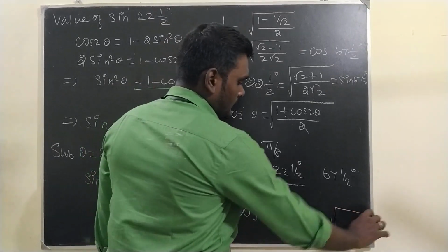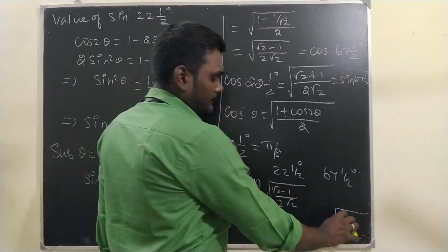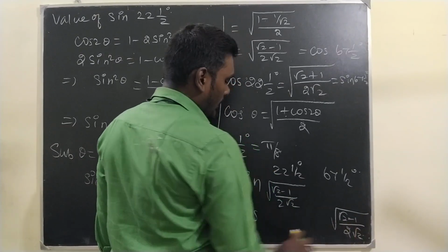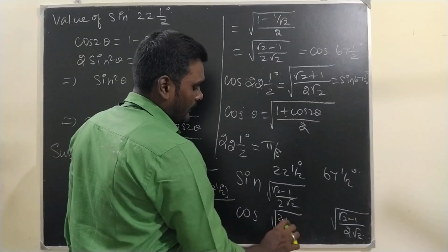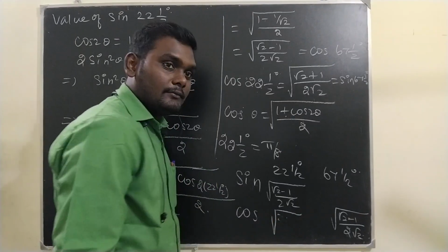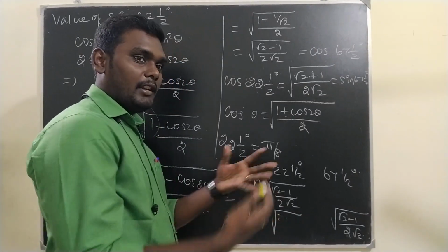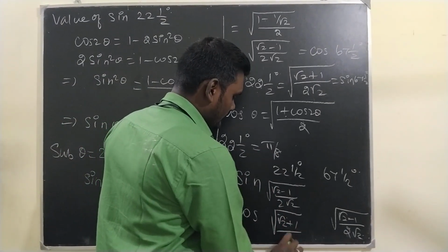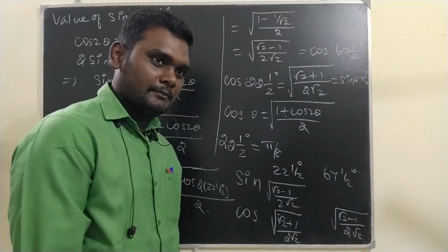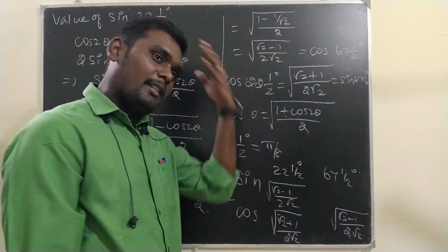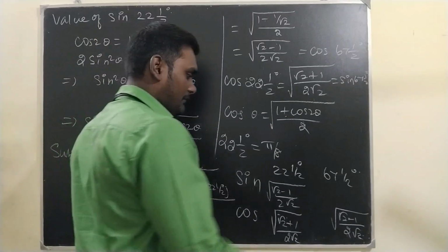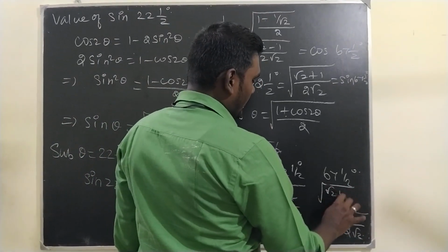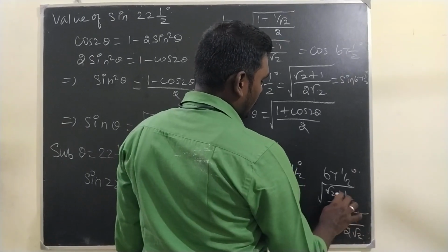So is cos 67 and a half. Cos 22 and a half is square root of root 2 plus 1 by 2 root 2, same but different. You remember that and all, but you forgot sin 18 degree.